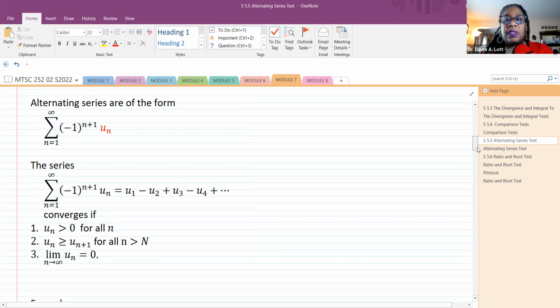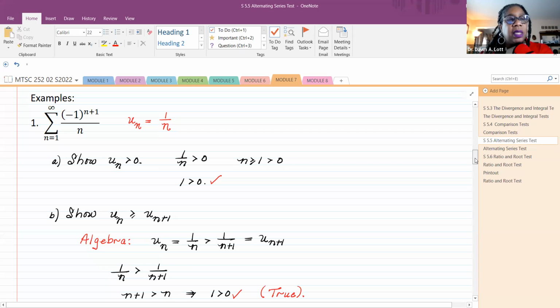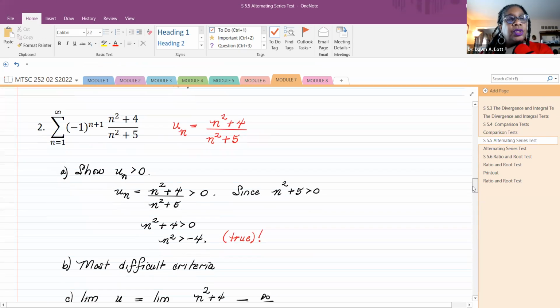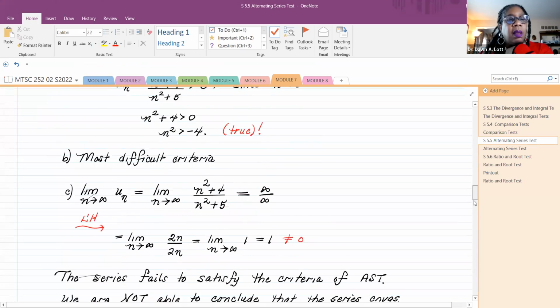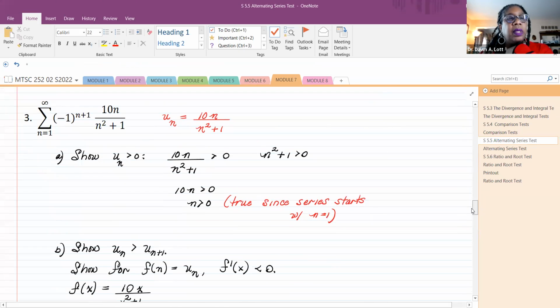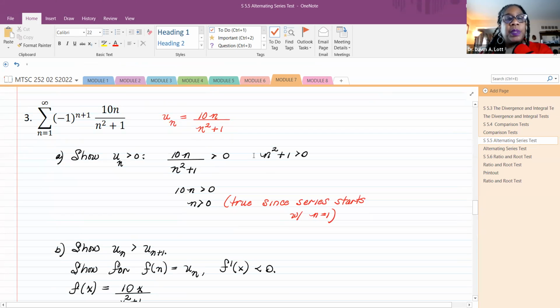We did a couple of examples. We showed that this example did converge by the alternating series test. And then we showed that this example did not converge by the alternating series test. And then for this one, we wrote a function, 10x over x plus 1.